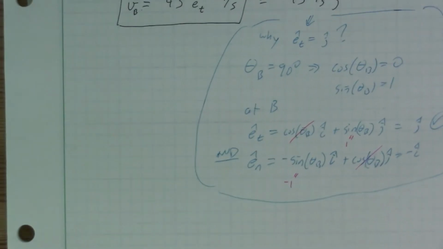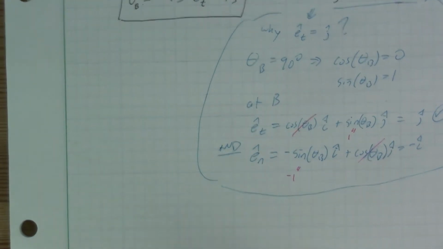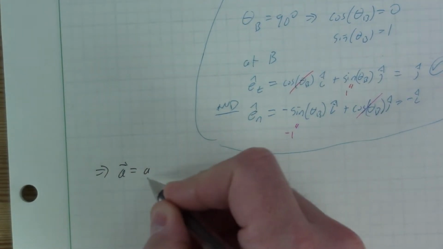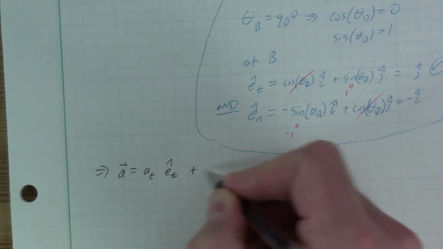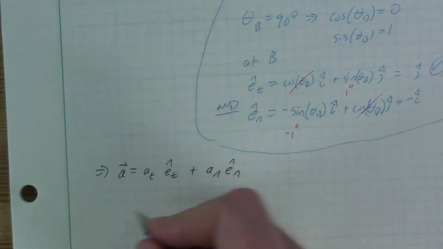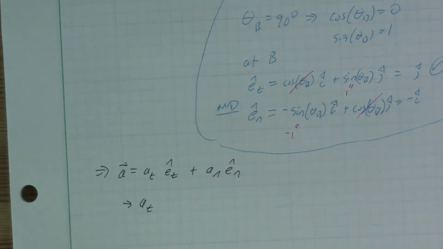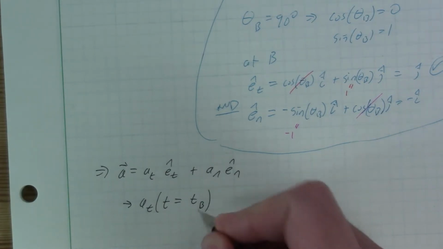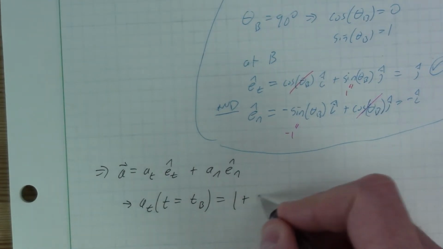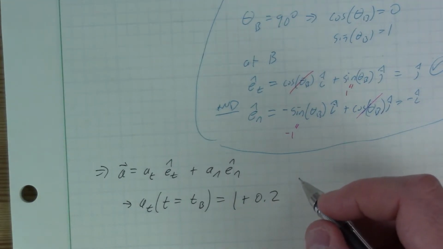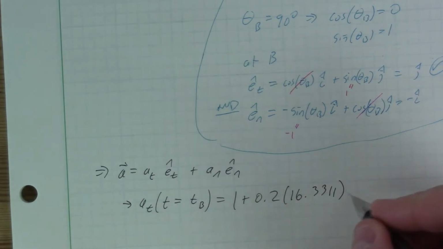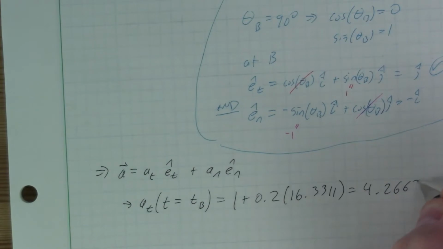Okay, so now we need to get the acceleration vector, and that's all that's left. Acceleration vector is the tangential component plus the normal component, where a of t we know, this was specified in the problem, 1 plus 0.2 times t, so we're plugging in the time when we reach b, 4.2662 meter per second squared.